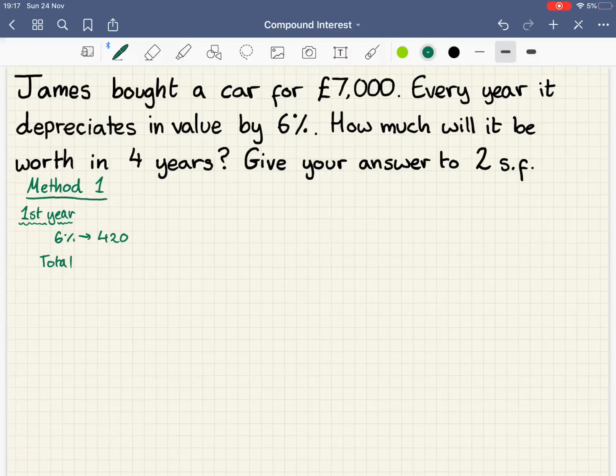And the total in this question, because it depreciates, you should have taken away. So the total for this one was 6,580.